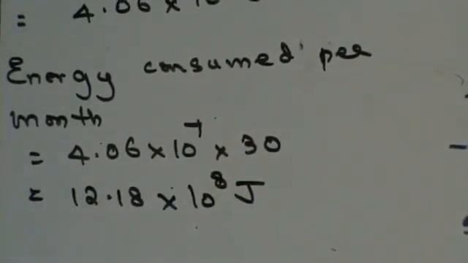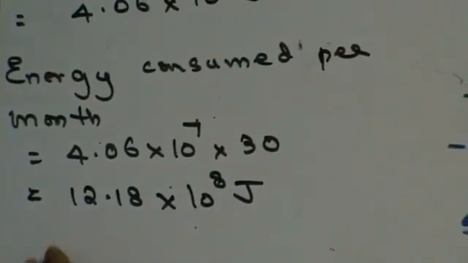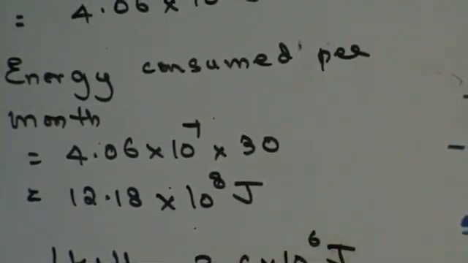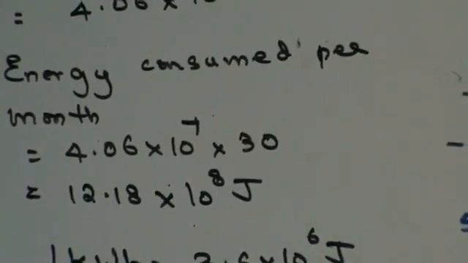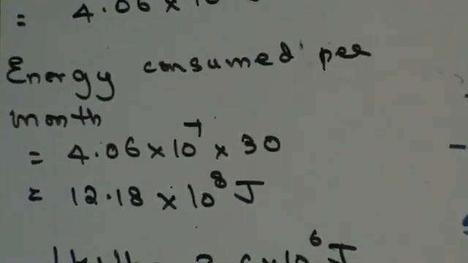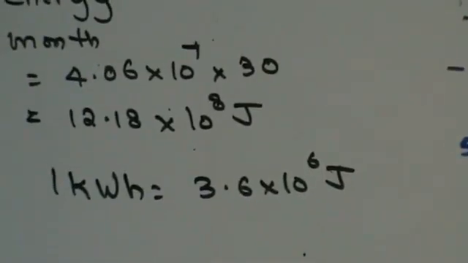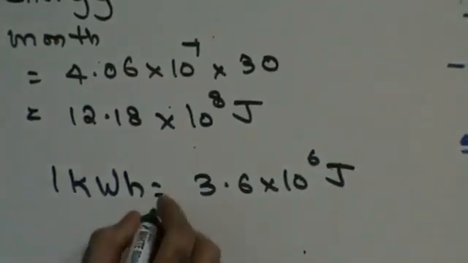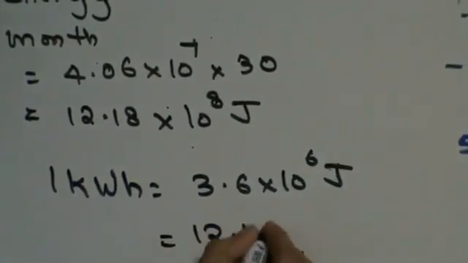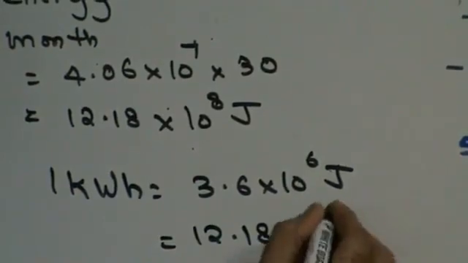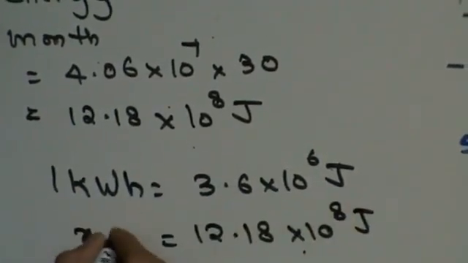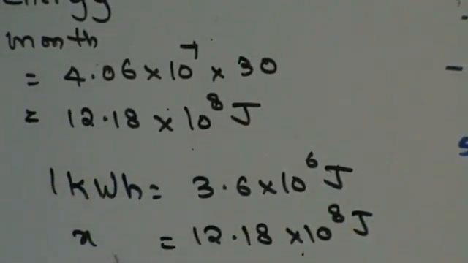Right? Now 1 kilowatt hour is nothing but 3.6 into 10 raised to 6 joules. That's the conversion factor. Therefore 12.18 into 10 raised to 8 joules will be how many kilowatt hours?